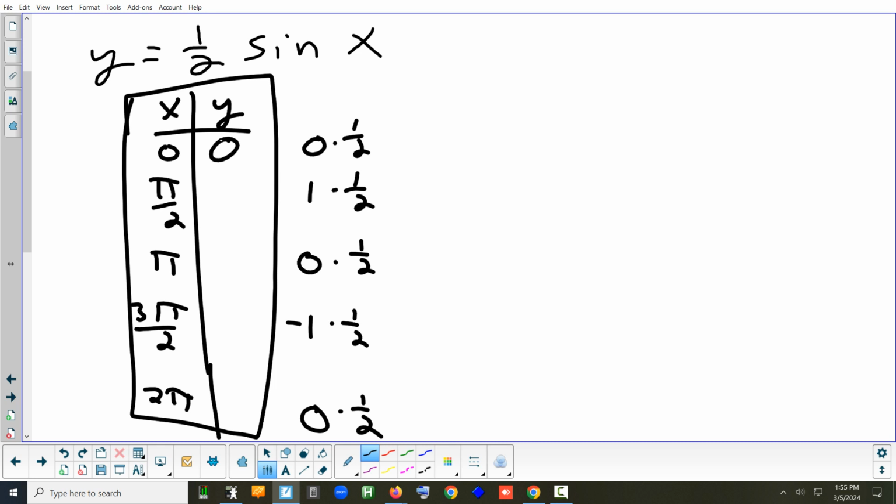Do you know the next y value? 0.5. Yeah, you're good. The next one? 0. Negative 0.5. Yep. 0. Those are our y values.